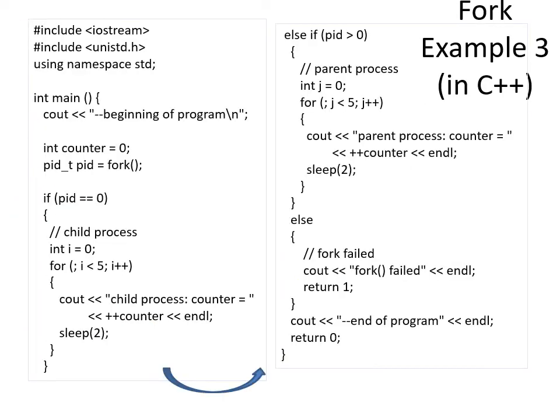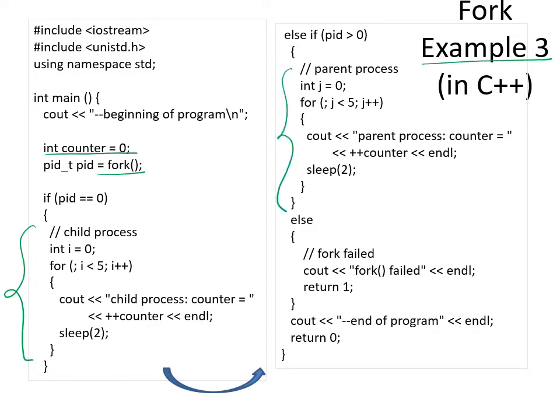Alright, so let's talk about the third and final code example for this fork system call. Once again we are using fork to create a new child process. Note that the parent process has an integer counter variable which is initialized to 0. This is the code for the child process and here is the code for the parent process.